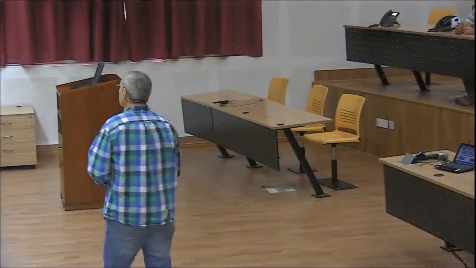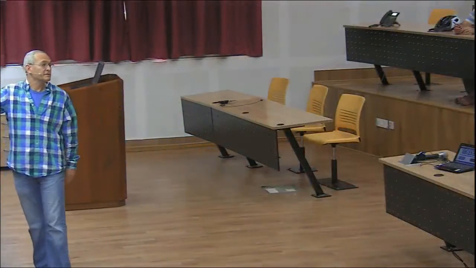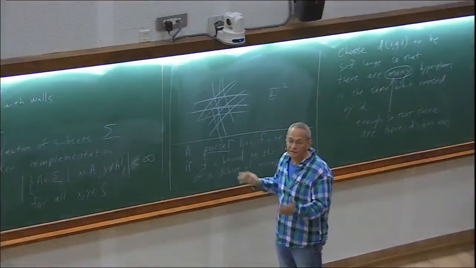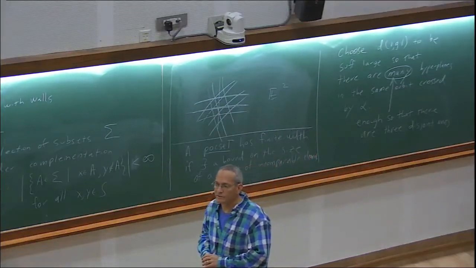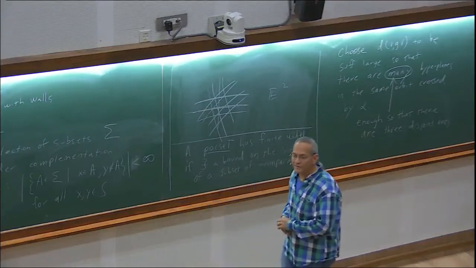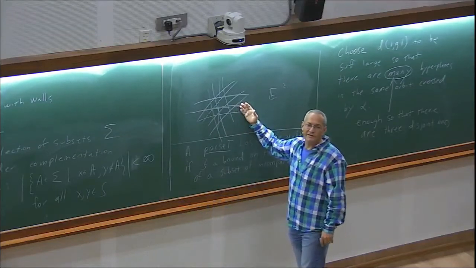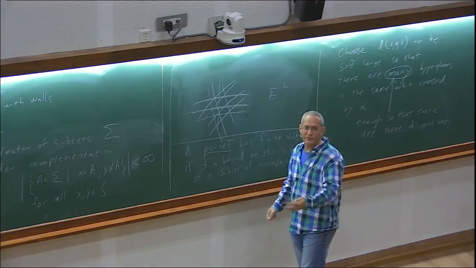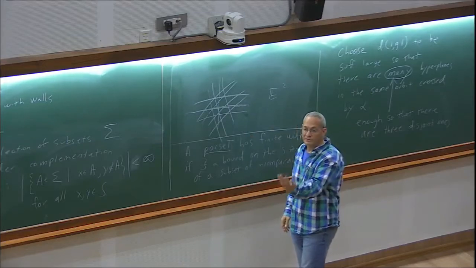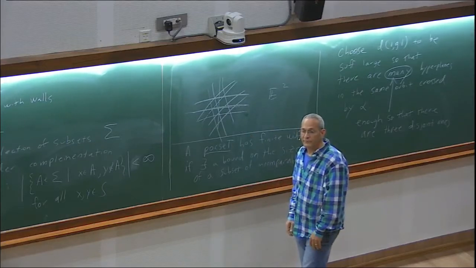Oh, the Helly property for the actual walls, no. In fact, you can take 3 families of parallel lines in the plane as a collection of walls, and we're going to talk about how you build a cube complex from that. So yes, that's good. You don't see a cube complex here at the moment. If you took 3 parallelism classes of lines in the plane, there is a cube complex you can build that's sitting somewhere.